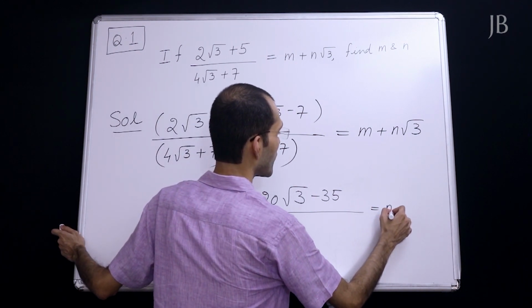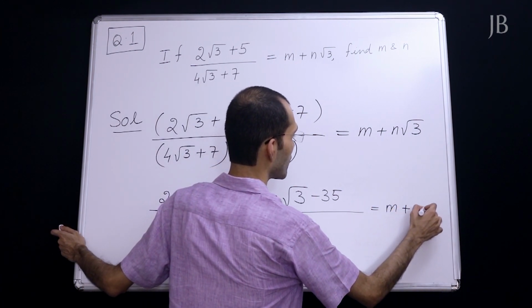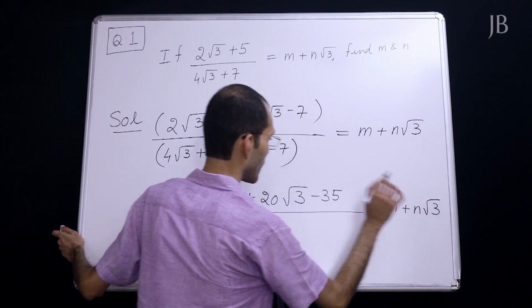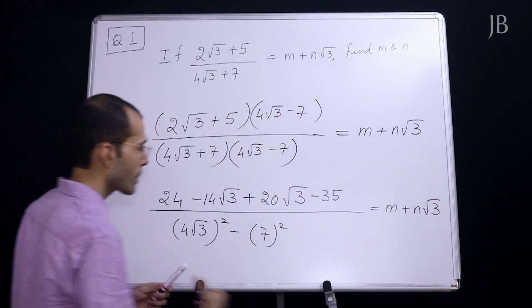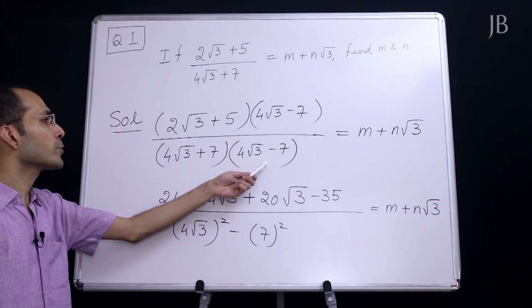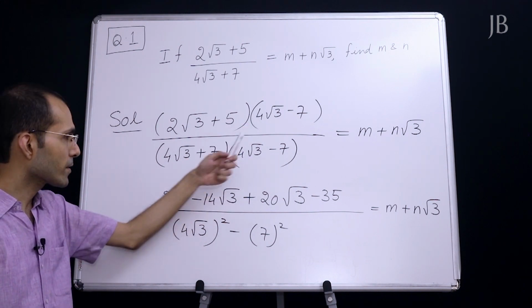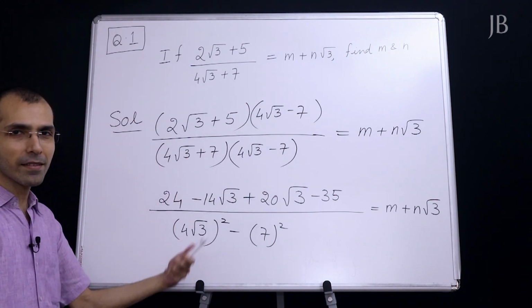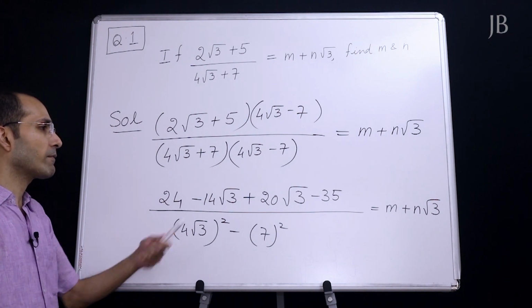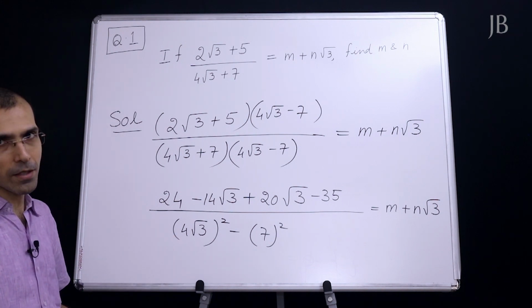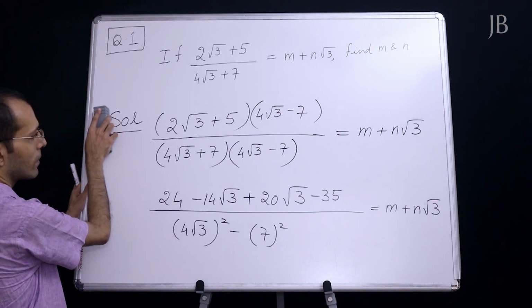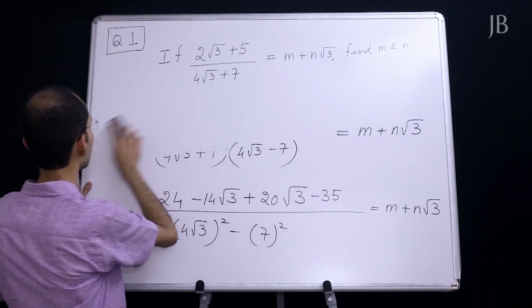This would be m plus n root 3. Okay. So this first step will fetch you 1 mark, the main step, rationalization. And then at well-defined stages, you will get another 1 mark, and to get the value of m and n correctly, another 1 mark. Okay, this we will erase now.